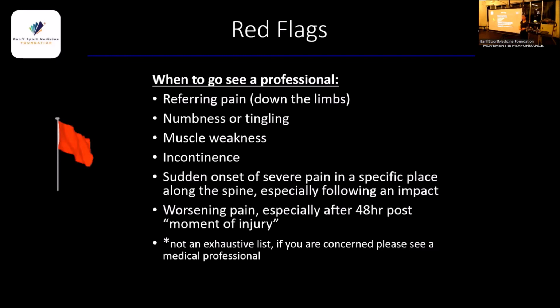If you have a sudden onset of pain in a very specific place on your spine, especially following a fall or an impact. And then this one's a little more subjective, in my opinion, worsening pain. If you kind of pull your back and it's been 2 days and it's getting worse, that's kind of a bit of a red flag too. Or if it's been a week and it's definitely not getting any better, that's also a bit of a red flag. So that would be less urgent, but time to go see somebody about what's going on.